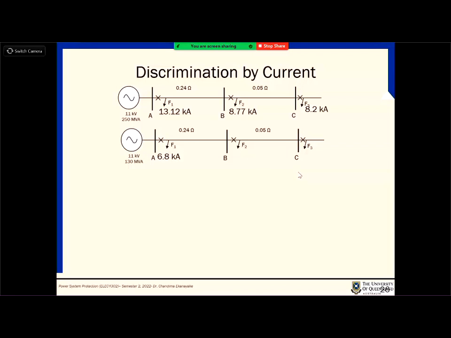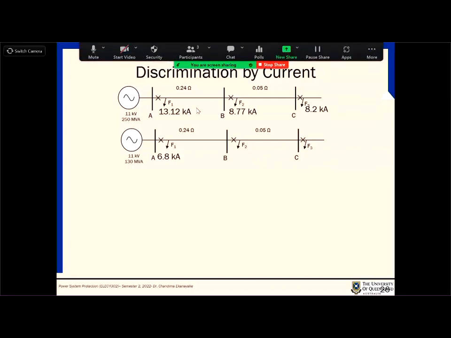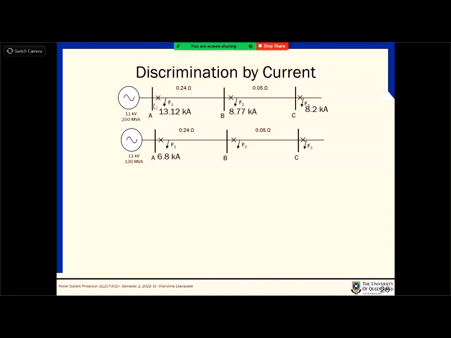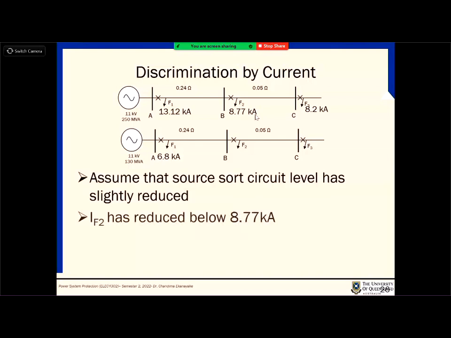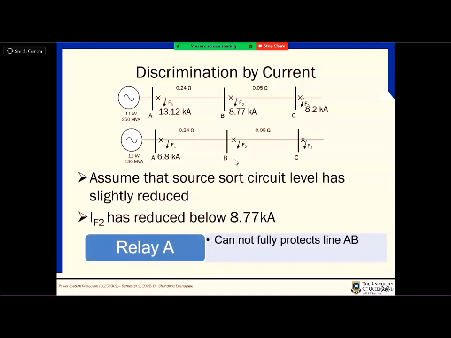Now, if you use the same settings as what we set here, right? We said that relay A will operate only when the magnitude of the current is 8.77 kiloamps, right? So if you look at the fault current IF2 now, that current is reduced, or is now below 8.77.